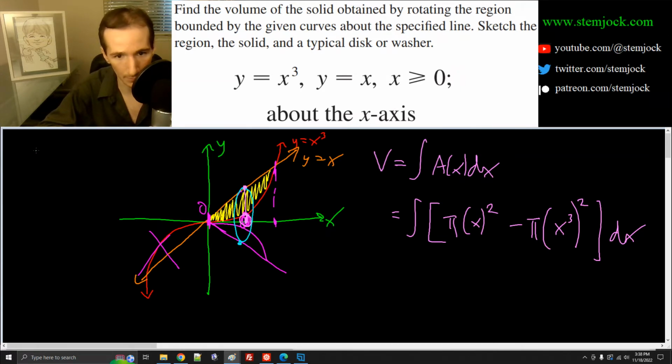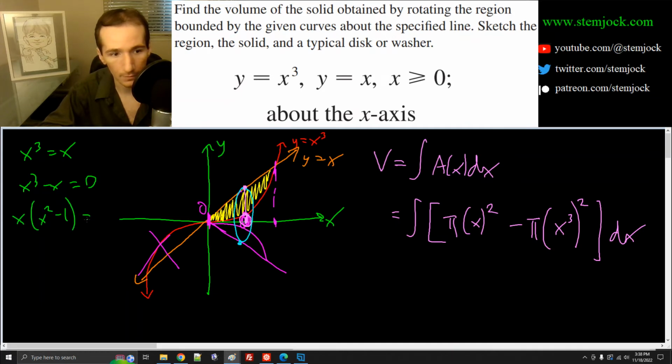Off to the side here, I'm going to say x cubed equals x. I'm going to bring x to the left side, so we have x cubed minus x equals 0. I'm going to factor x now, to get x times x squared minus 1 equals 0. And now this is a difference of squares pattern. I can factor it further.